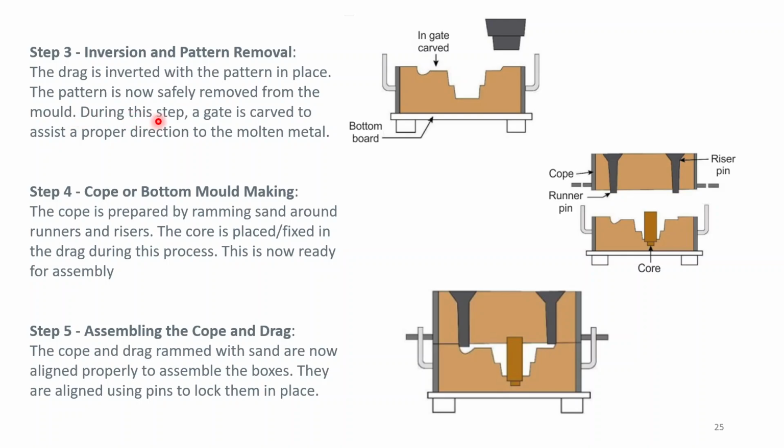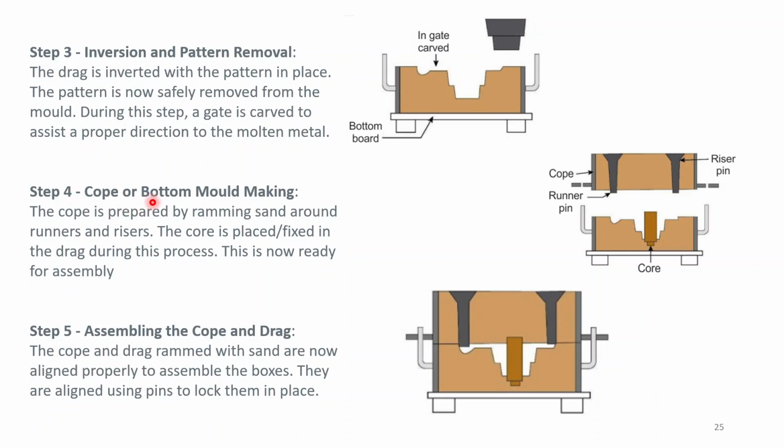During this step a gate is carved to assist in proper direction of the molten metal. This part will act as the choke and this will act as the runner and ingate. So this is carved in the sand in this step. You have inverted your drag and removed the pattern.